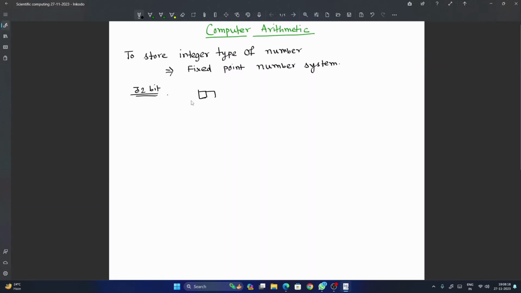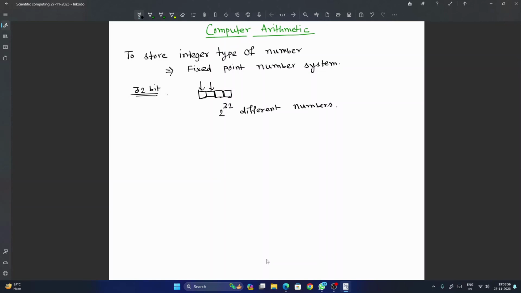If you can put either 1 or 0 in each of the 32 boxes, then how many numbers can you build? Just use the permutation concept. 2 to the power 32, exactly. So we can store 2 to the power 32 different numbers in this 32-bit number system.